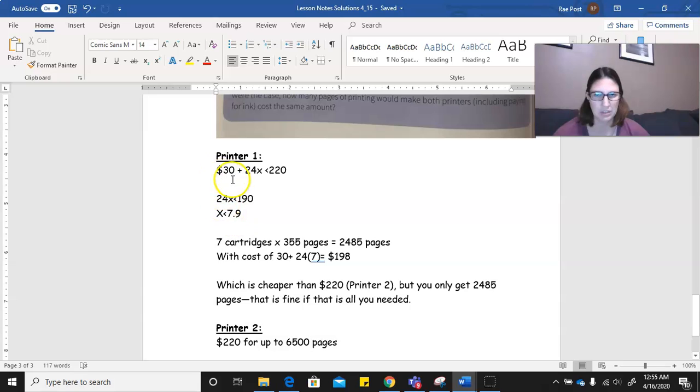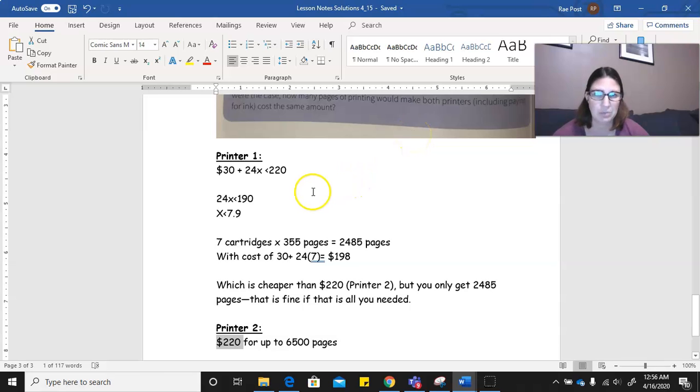I said, okay, the printer costs $30, and it's $24 for every ink cartridge, and every ink cartridge only gives you 355 pages. So how many ink cartridges would we need to get up to $220, the price of printer 2?